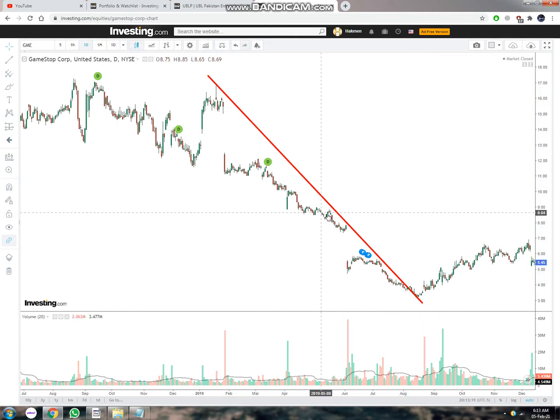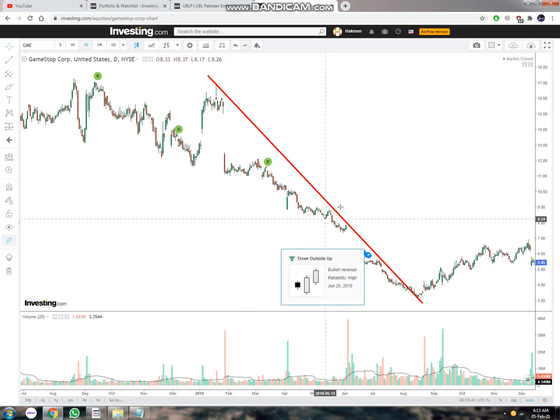As you can see, it touched the line at 1, 2 and 3. Sorry, you will count from here: 1, 2, 3 and 4, at 4 different levels. Whenever a stock is trading in the downward direction and it touches a trend line at more than 2 points, it means that it is a downtrend.